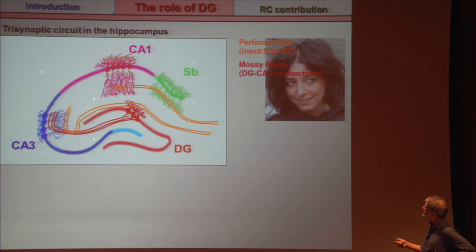And the dentate gyrus sends its output, whatever is the computation that it performs. The result of this computation is sent to CA3, which already has available the input that was available to the dentate gyrus. So it is as if I speak to you, and at the same time, there is this gentleman who translates what I say in some other language and tells you the same thing simultaneously.